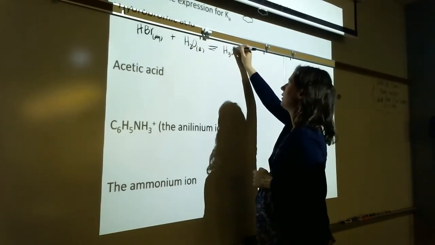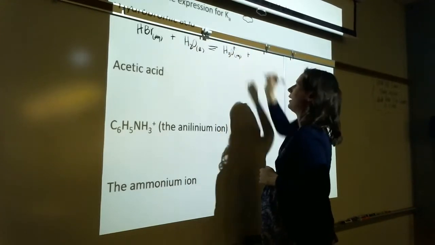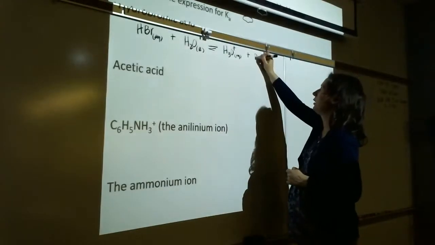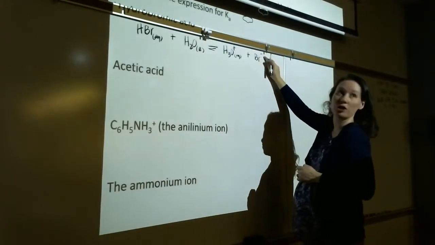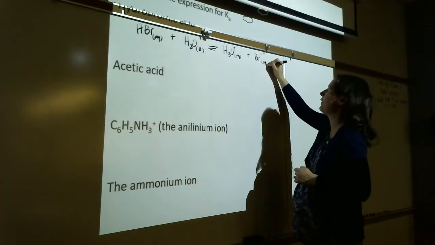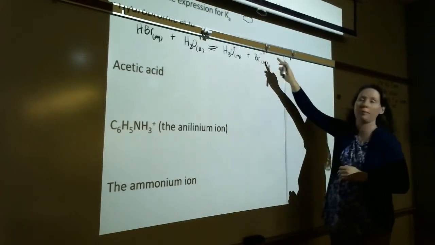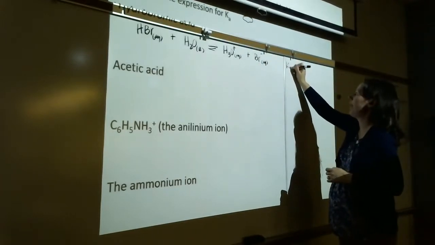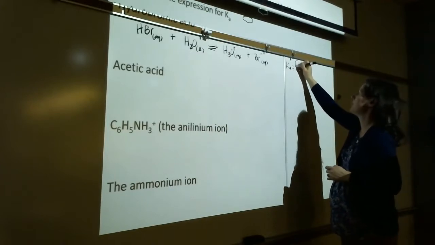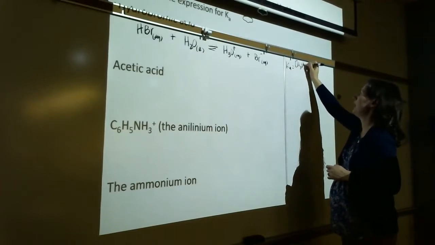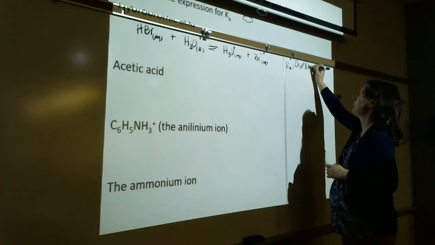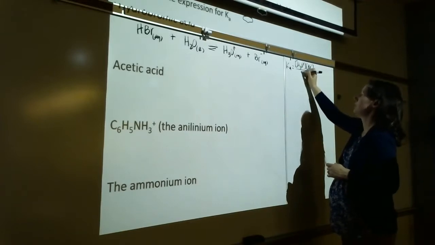H3O plus AQ plus what? Br minus, right? Don't forget that charge. Can't forget the charge. It's not the same to write Br as it is to write Br minus. And so Ka would be concentration of H3O plus times the concentration of Br minus over the concentration of HBr.